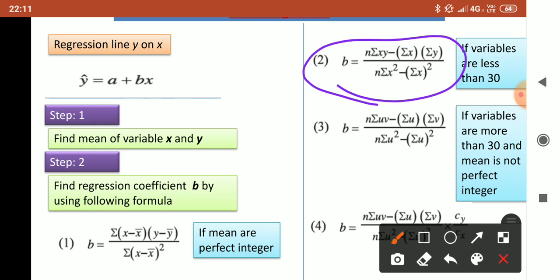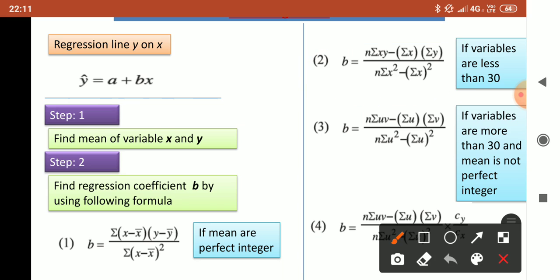The first formula is when the means are perfect integers: sigma (x minus x bar) into (y minus y bar) upon sigma (x minus x bar) square. If the variables are less than 30, then n sigma xy minus sigma x into sigma y upon n sigma x square minus (sigma x) the whole square.